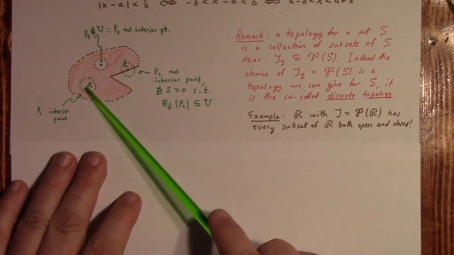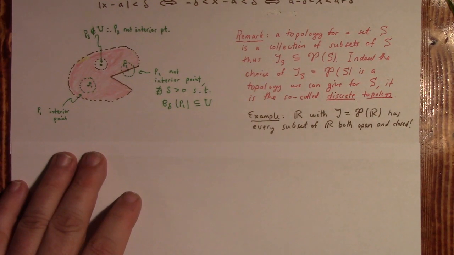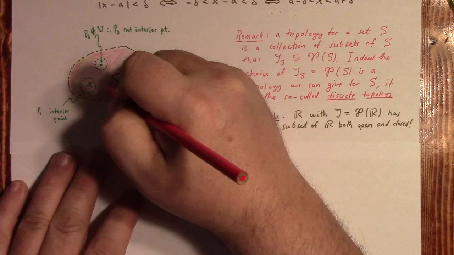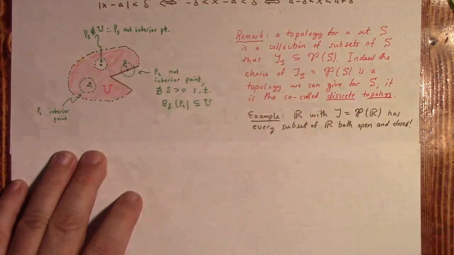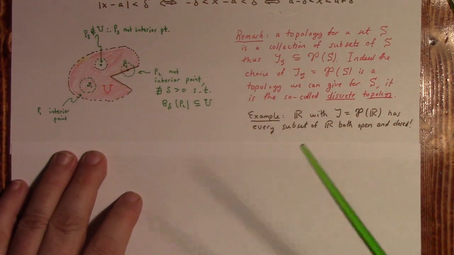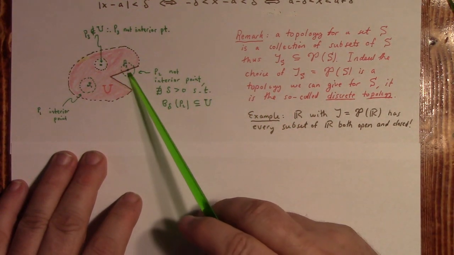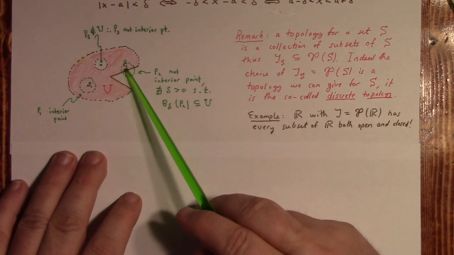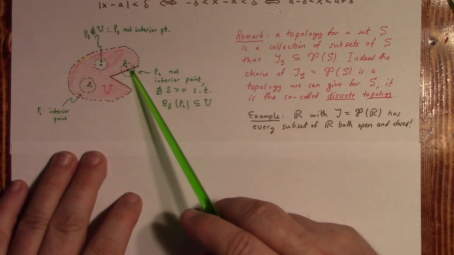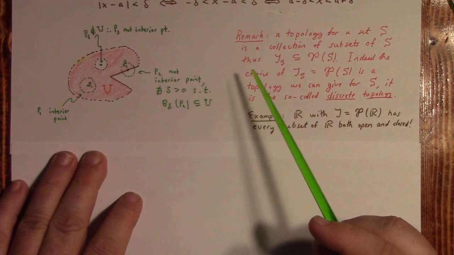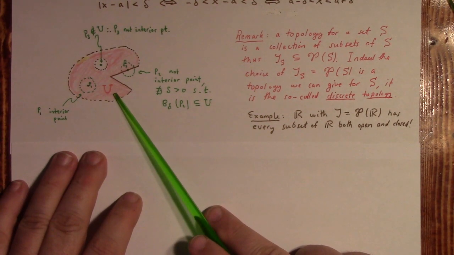This delta ball pictured here is a subset of this set, which I'm calling U. P2, on the other hand, is not an interior point because no matter what delta I choose, there's necessarily points outside of the set. I can't make a delta ball a subset of U here because there's necessarily points outside of the set. It's inescapable. And so what that all means is that U is not an open subset of the plane.